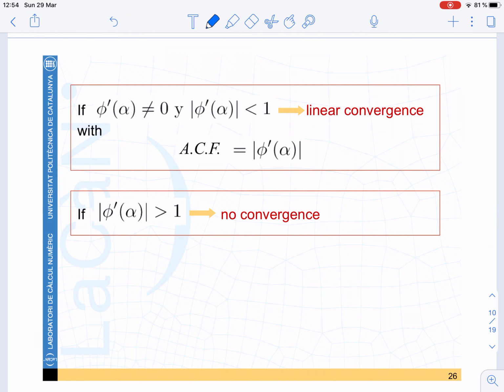This is how we conclude that if phi prime of alpha is different from 0 and smaller than 1 in absolute value, then the iterative method converges linearly. Whereas if phi prime of alpha is greater than 1 in absolute value, then we cannot ensure convergence.